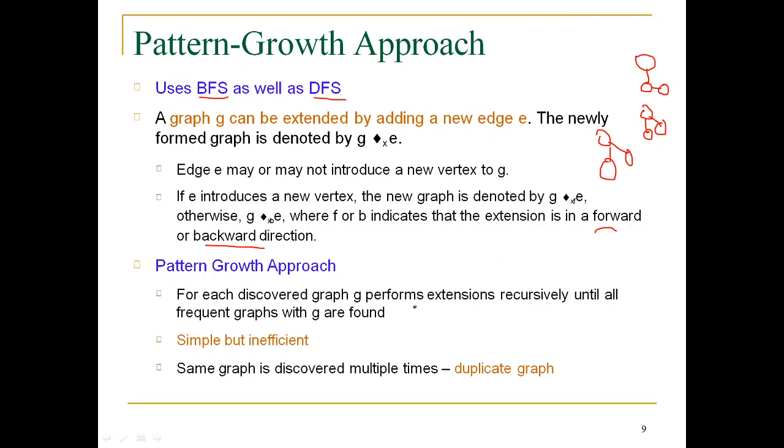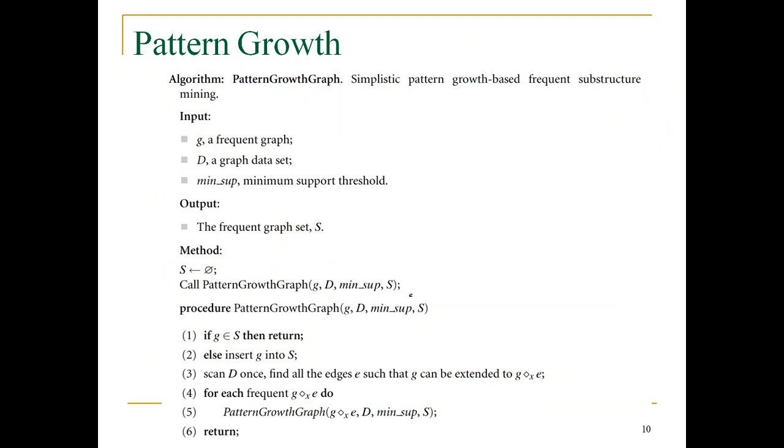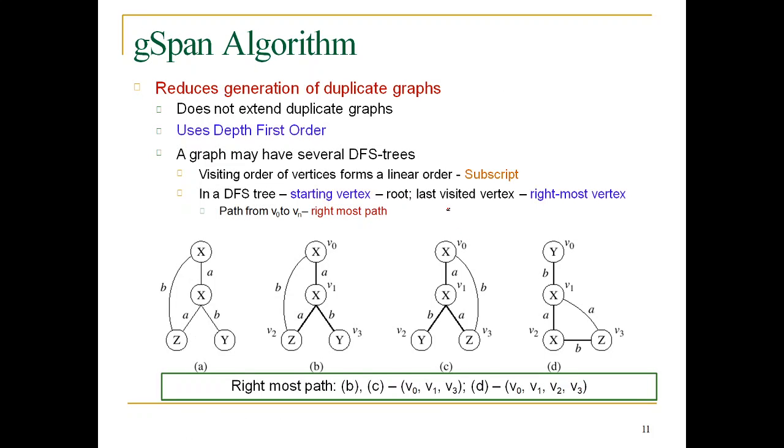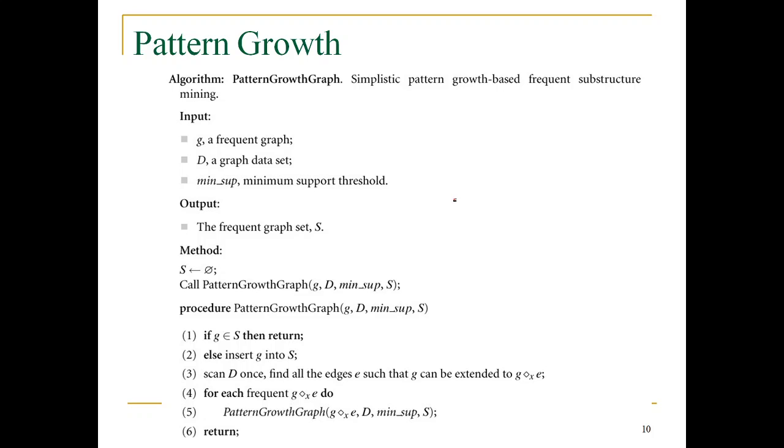So to reduce the multiple times of duplicate graphs, we are going for a method called gSpan. Let us see the algorithm for the pattern growth before going to the gSpan methodology.